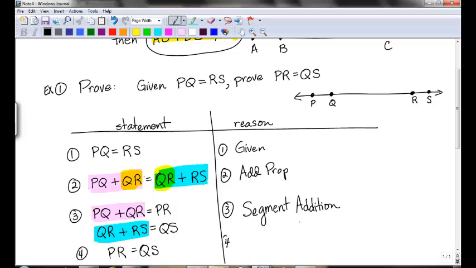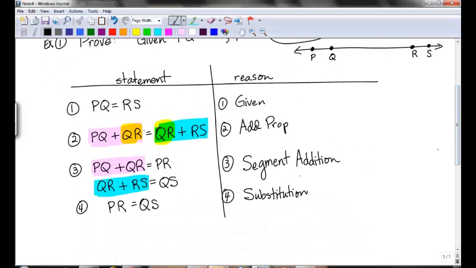What property says I can put those in? Substitution. Now, did we get to what we were trying to prove? Is it in the right order? Yeah. If it was not in the right order, I'd go one more step. I'd say QS equals PR, and that's symmetric. But it's already in the right order. You're done. Okay? Questions on that one?